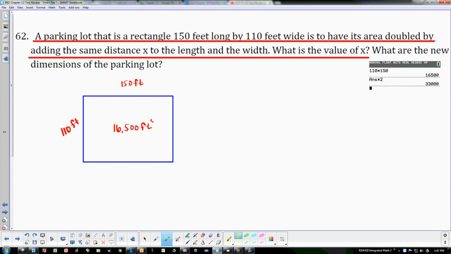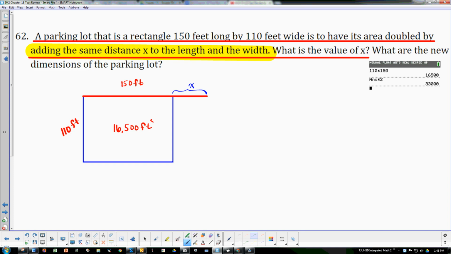All right, I want to highlight something very important. It's saying here that we are going to add the same distance x to the length and the width. So here's what we're going to do. This is the length, so I'm going to add some more to this. I'm going to add x. X would be the distance from here to here.